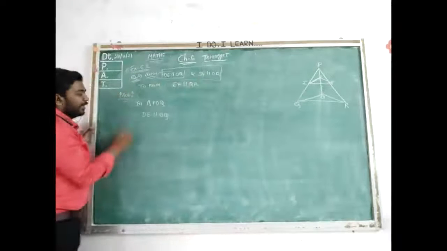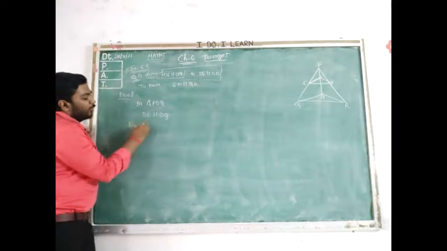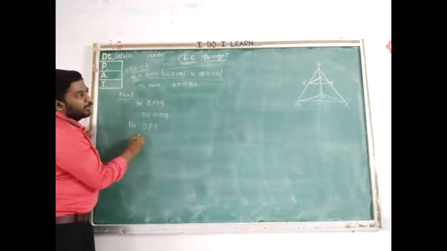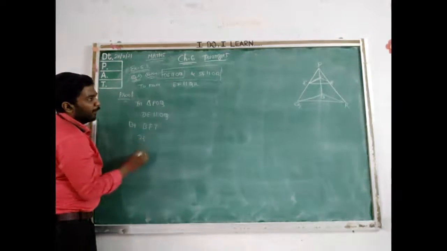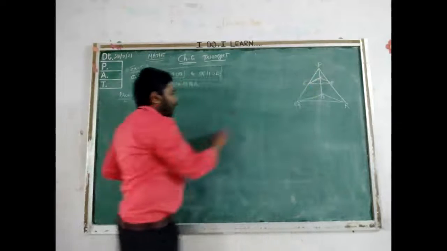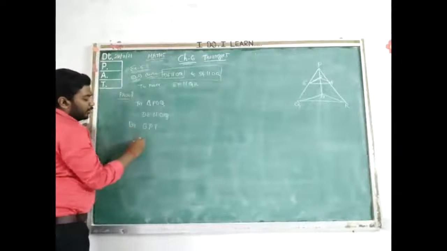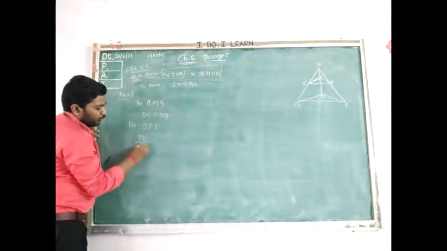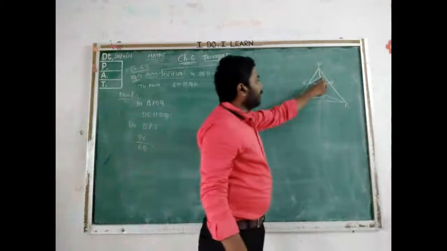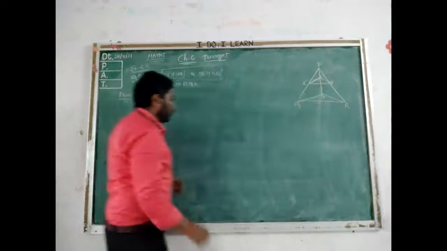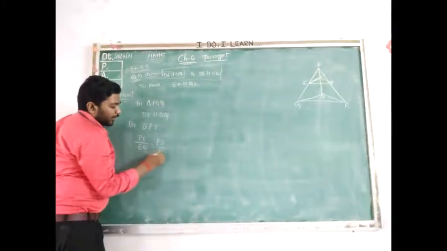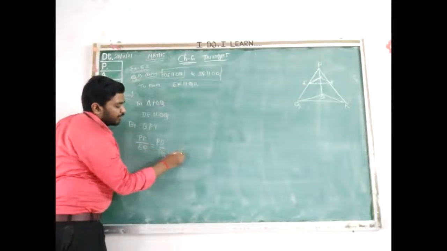So now we can write by BPT or theorem 6.1, PE upon EQ is equal to PD upon DO. I am saying this as equation number 1.